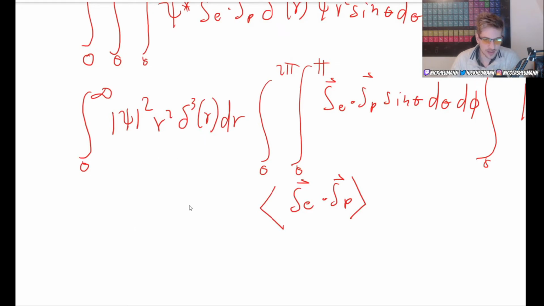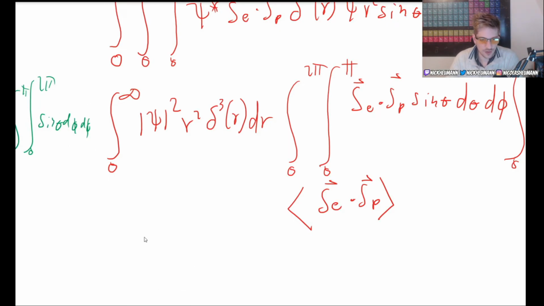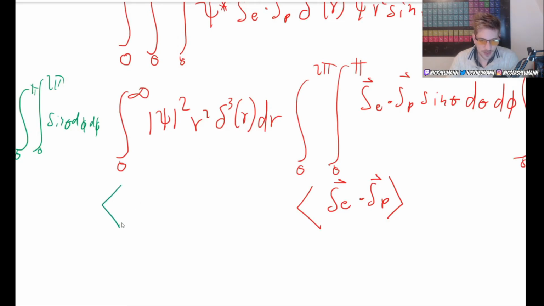We can now go to this part and do exactly the same thing. If you multiply by the integral from 0 to pi, from 0 to 2 pi of sine theta d phi d theta, this thing is 1 because it is normalized. What you would have then is the expectation value of your wave function, but in this case it's the wave function evaluated at 0, because of this delta function.